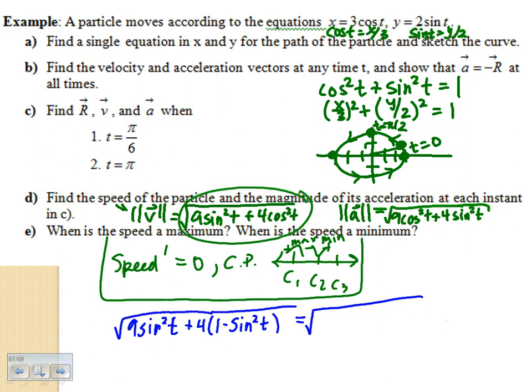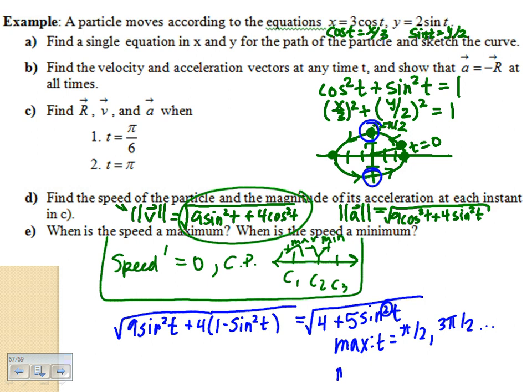What about at 3 pi over 2? It's negative 1, but it is squared. So 3 pi over 2, etc., right? So I know speed is at max right there and right there.